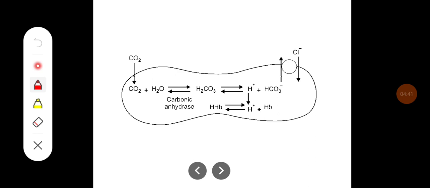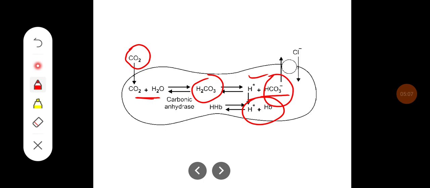So this reaction shows the Hamburger phenomenon or chloride shift when the carbon dioxide enters inside the RBC. With water it forms carbonic acid, and that forms H plus ions and bicarbonate, and H plus reacts with hemoglobin, and the H plus ion is buffered, and the HCO3 moves out of the cell in exchange with chloride ions with the help of band 3 protein, and this is called chloride shift or Hamburger's phenomenon.